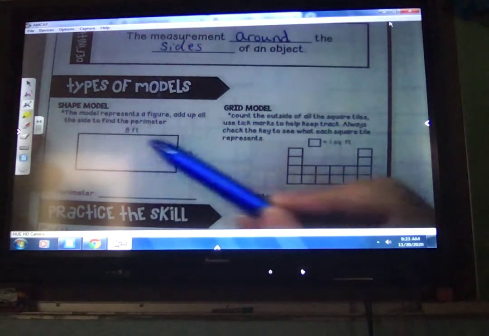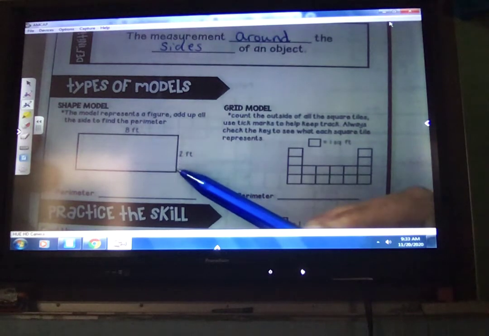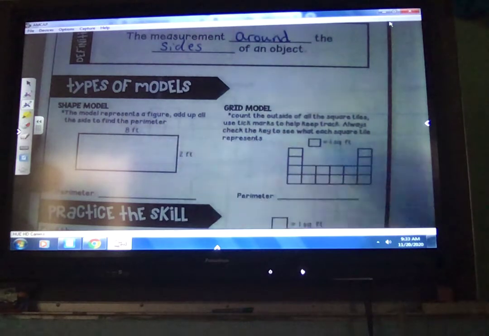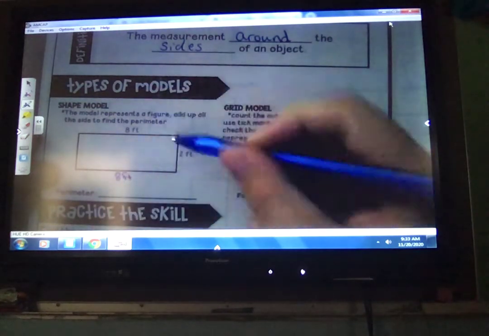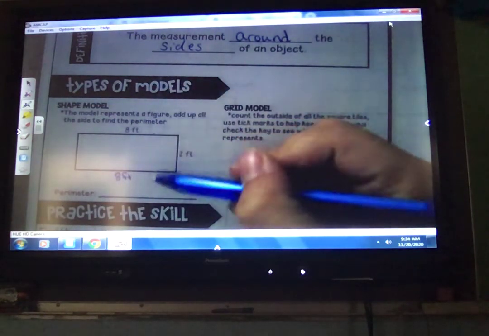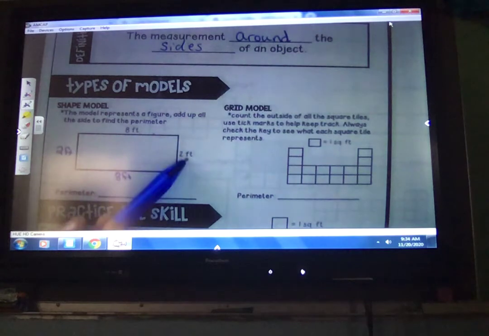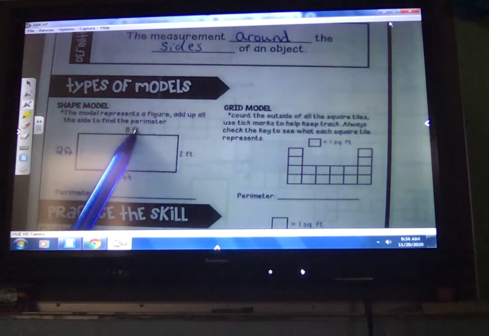So if this long side is 8 and the short side is 2, we're going to use these numbers to fill in the other 2 sides. So what's the long side at the bottom going to be? 8, right? Because we learned that the top and the bottom of a rectangle should match. What's this side going to be? 2, because we learned that the left and the right of a rectangle should match. So we have 8, 2, now we have 8, 2.